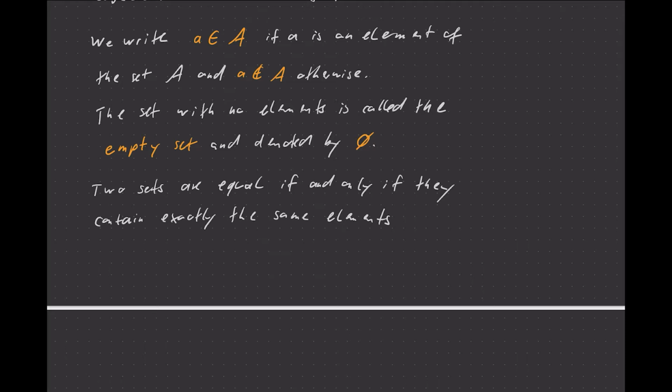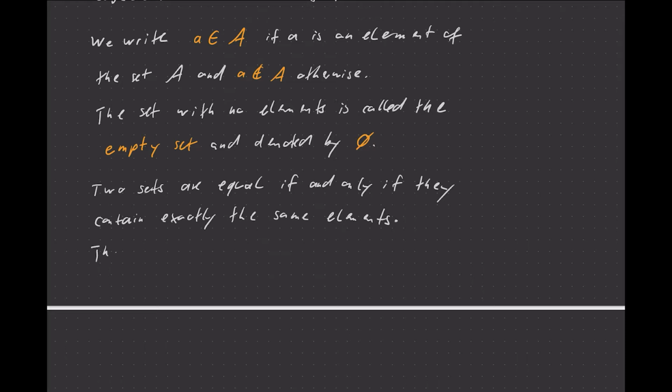And of course, we can count the number of elements in a set as well. A set can have a finite number or an infinite number of elements. To denote the number of elements in a set, we use what is called the cardinality. And again, there's a notation for that.